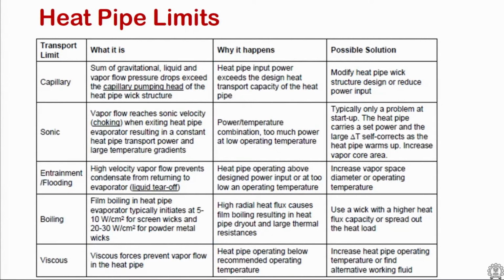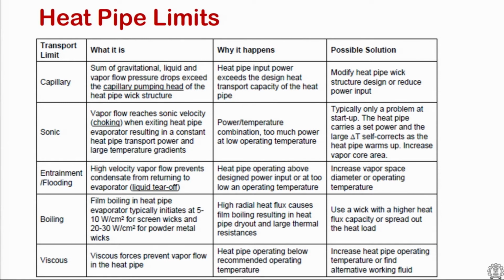In terms of heat pipes, there are many limits that are often quoted in textbooks, and they are called the capillary limit, sonic limit, entrainment, boiling, and viscous limits. These are mechanisms that happen. What we mean by that is that the heat pipe ceases to operate when it reaches a capillary limit.